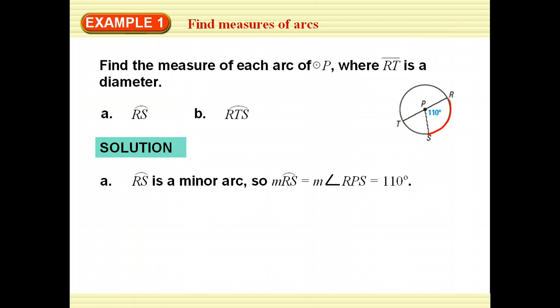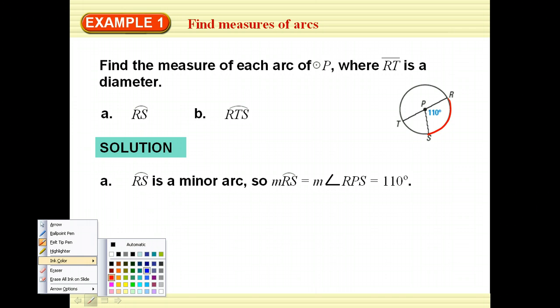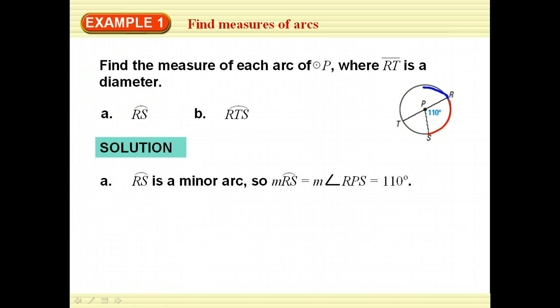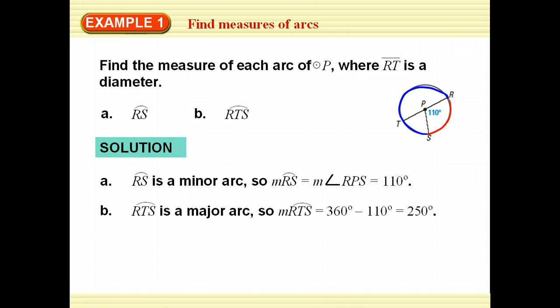For RTS, to go from R through T around to S, I'll change colors here. Let's go with the blue. From R through T around to S. Well, I'm going to find that by taking the entire 360 and subtracting away the 110, so we see that it is 250 degrees.